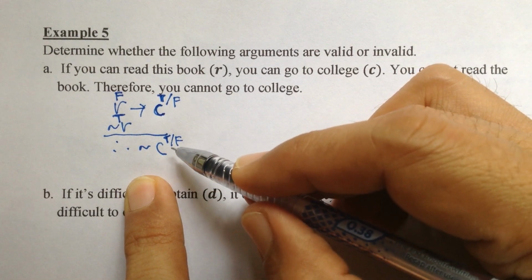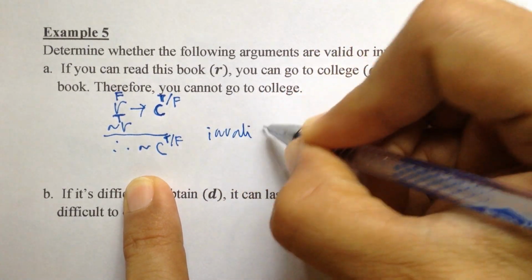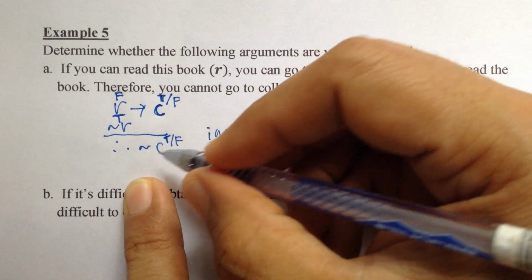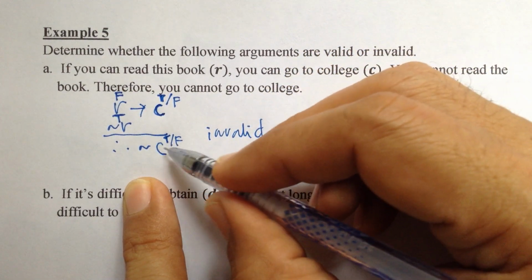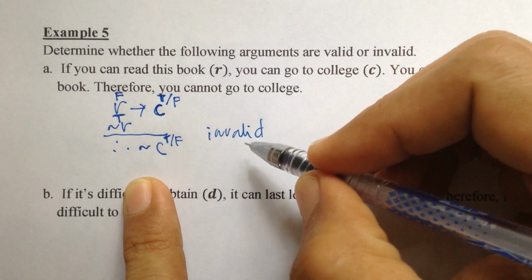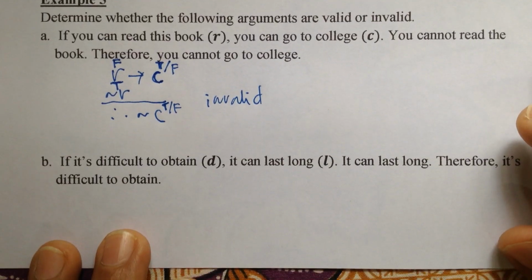So therefore, it is an invalid argument because you don't want your conclusion to be false. Although there is a case where your conclusion can be true, there is also a case where it can be false. That's why this is an invalid argument.